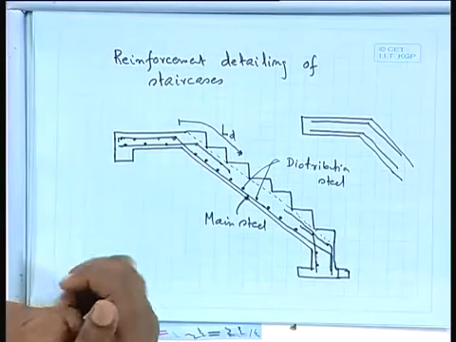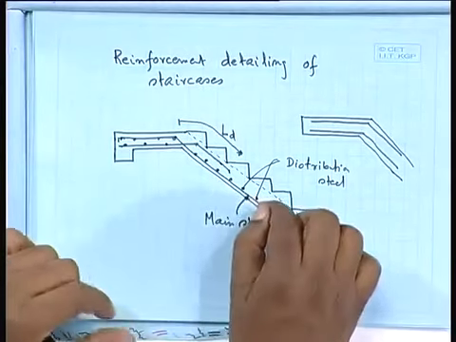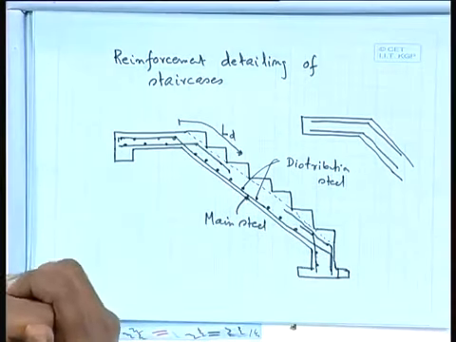Now, where you are not providing any stirrup or shear reinforcement, we can treat it as a slab. So there we shall provide say 0.12%. But where we are providing stirrups, it is preferable that you provide reinforcement according to the minimum reinforcement of the beam.